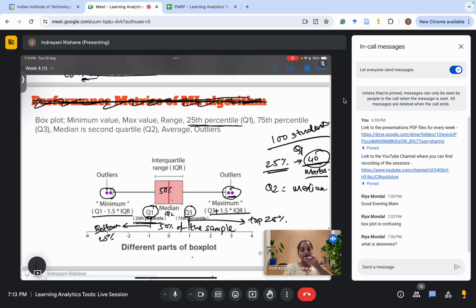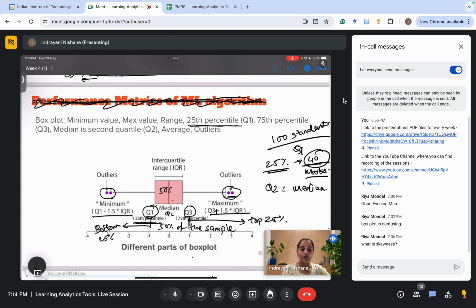Sometimes our data points do not confine to the range, and some value goes really large or really small. So how do we make sure that a particular value is an outlier? What is an outlier? It is a number which is not falling within the permissible range.